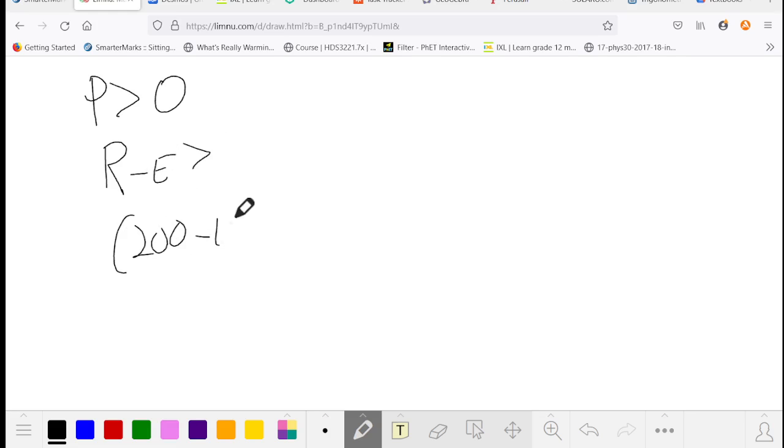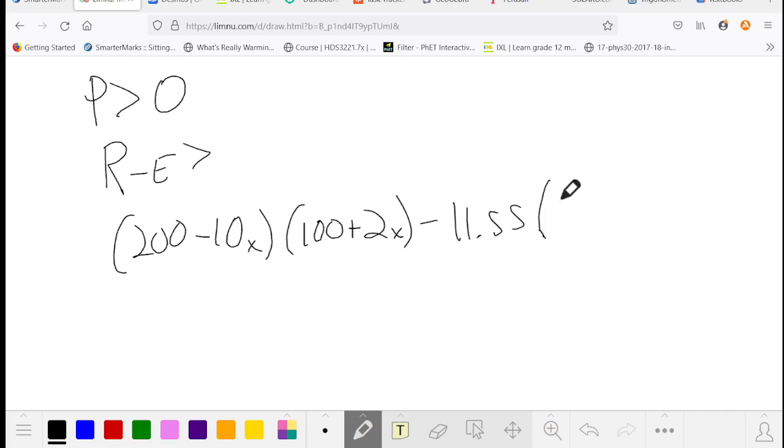So our 200 minus 10x times 100 plus 2x, minus our expenses. I'm just going to take our 1.05 and multiply it by 11. So it's 11.55 times our 200 minus 10x. That's greater than 0, but we were asked to fully simplify.